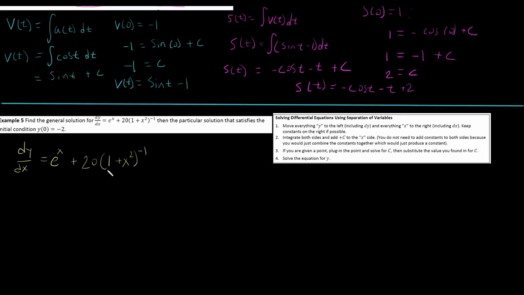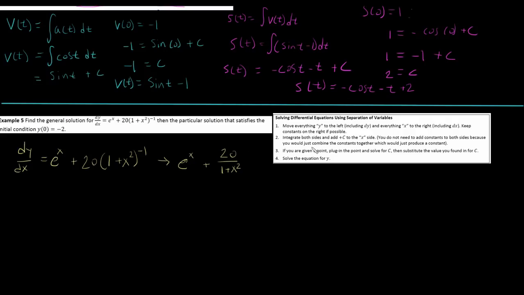Now, before I even go any further, what I would do is simplify this, right? I don't like negative exponents. Not a huge fan, so we're going to simplify this real quick. So we have e to the x plus 20 over 1 plus x squared. Hopefully, you're seeing something familiar.